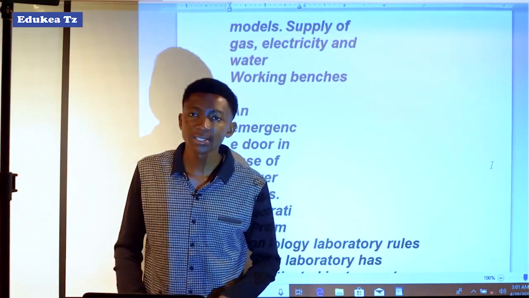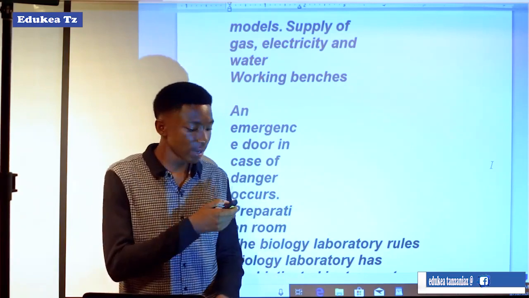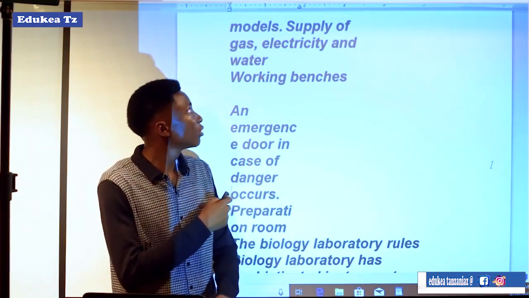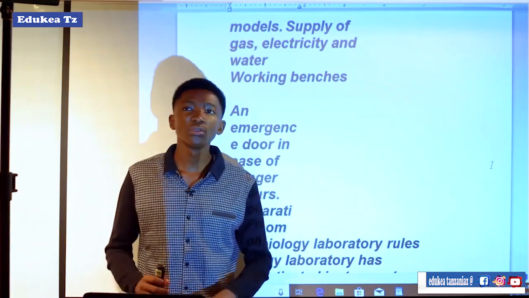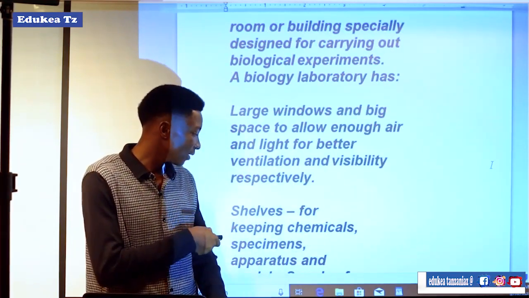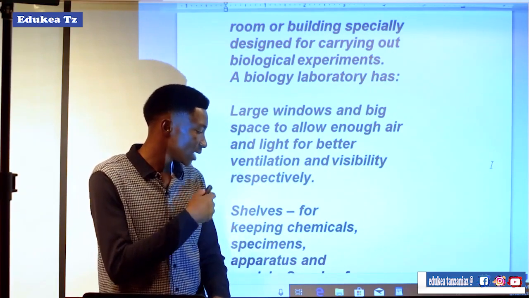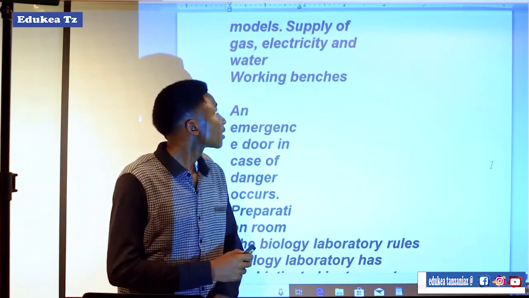Especially in biology, we keep chemicals, apparatus, models, and many more. So these shelves are usually for storage of the equipment in the laboratory, such as specimens, chemicals, apparatus, and models.